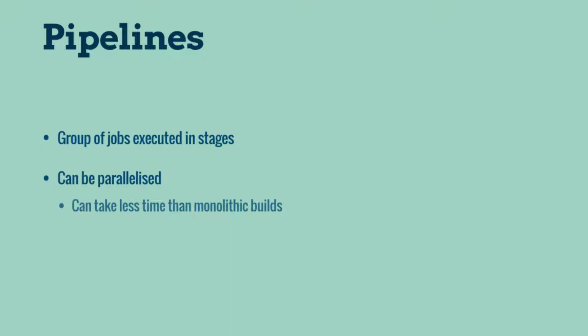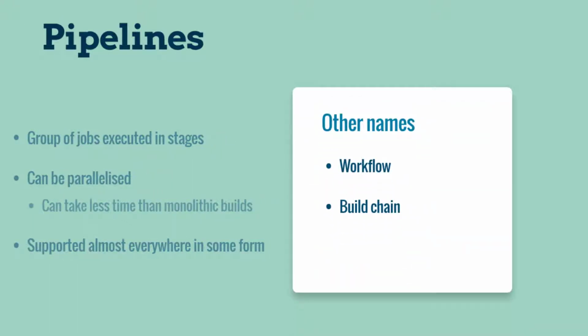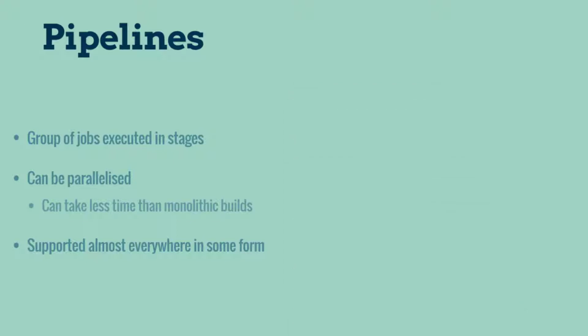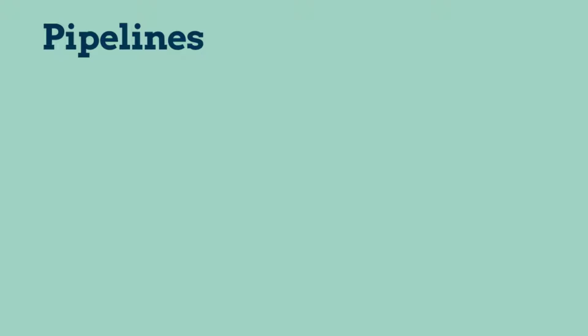I say can because sometimes they actually take more time because of maybe Gradle overhead, among many factors. But they're supported pretty much by all services in some way or form. Sometimes you will see them referred to as workflows or build chains or other names. If you're wondering, should I use pipelines? The answer is most definitely yes. Yes, you should. And we'll see why in a second.